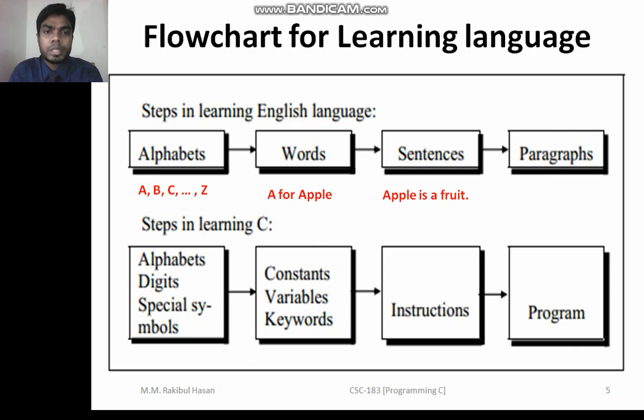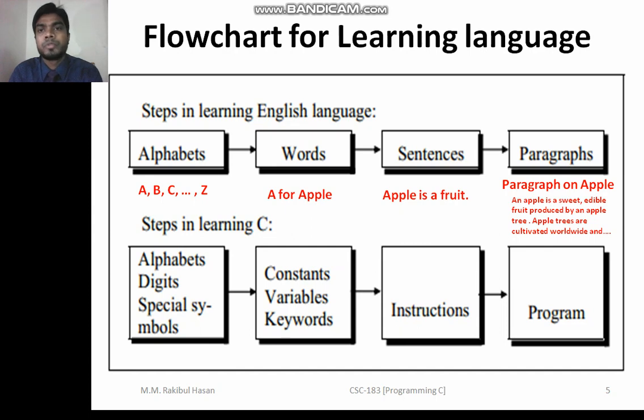And after learning how to make a sentence, what we did, we arrange a number of sentences and we make a paragraph. Okay, right. So in this way we learn our English language. So the same way we're going to learn C programming language step by step by following these 4 steps.